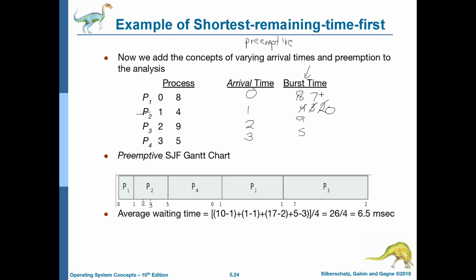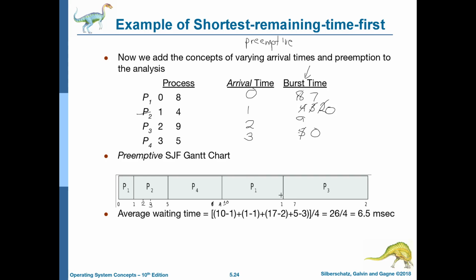Shortest remaining time first looks through the jobs and chooses the shortest one, process 4. Process 4 will run, we'll go ahead and get rid of those, we'll run till 10 milliseconds. So once process 4 has run for 10 milliseconds, we can now choose between process 1 and 3.